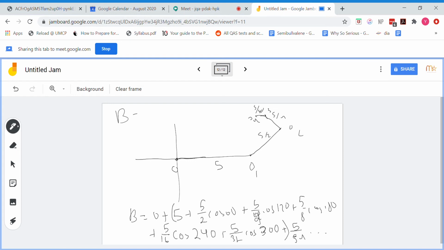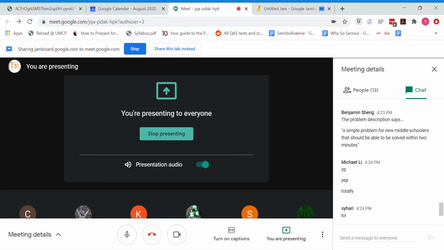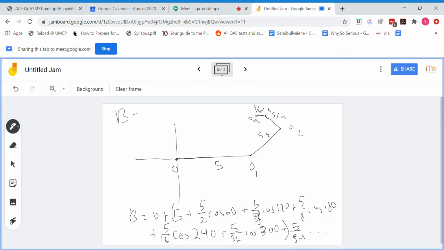where the first term is 5 plus 5 halves cosine 60 plus 5/4 cosine 120 plus 5/8 cosine 180 plus 5/16 cosine 240 all the way to 5/32 cosine 300. And then the start of the next term is 5/64 and so on.